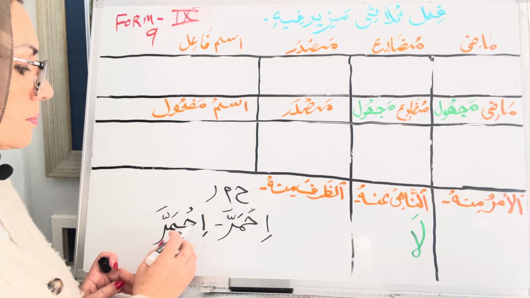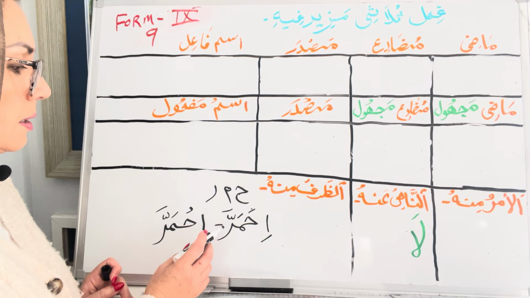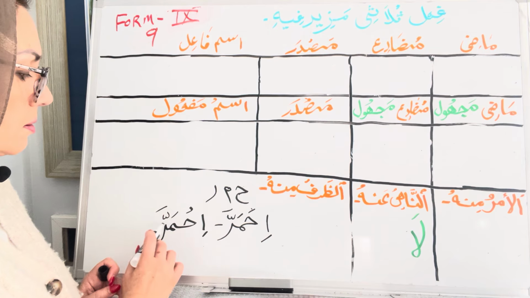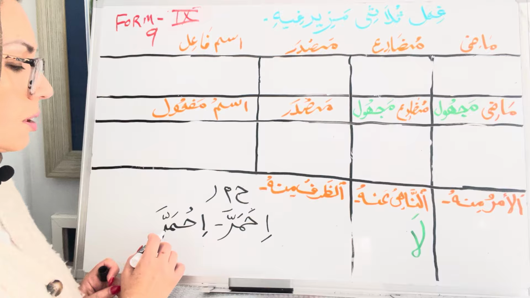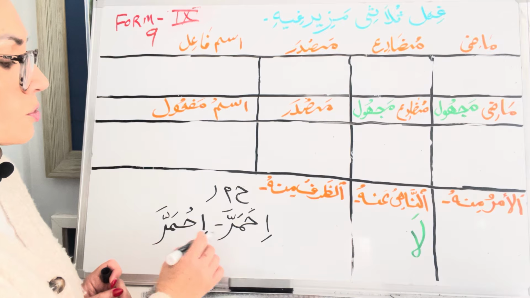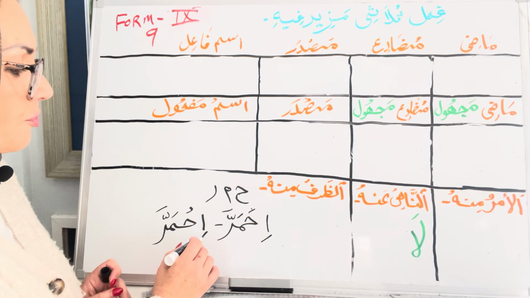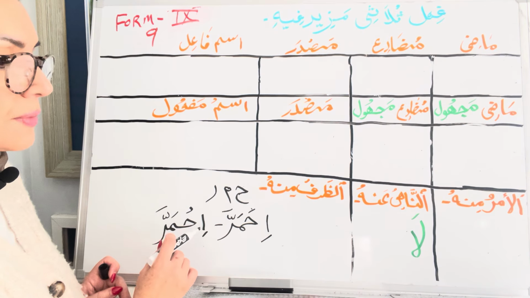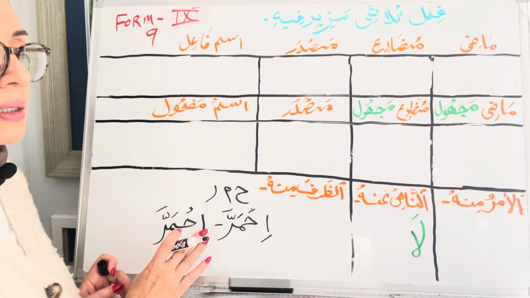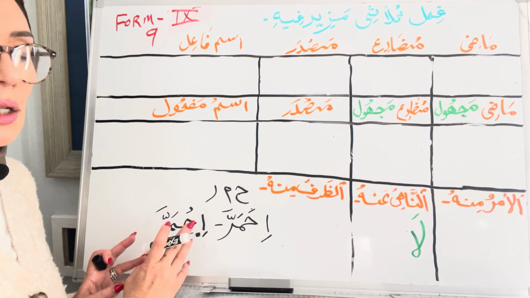So here it's hamarra, the last letter is added. There's a shadda, so that means there's two ras in here. So when we add the alif in front of it, the ha gets a sukun, so it becomes ihmarra, like iswadda, like those are the colors.